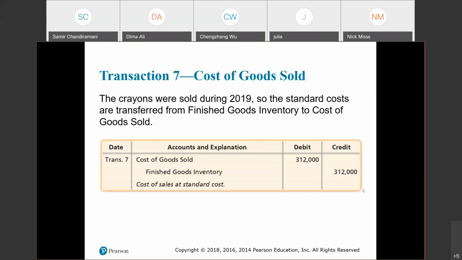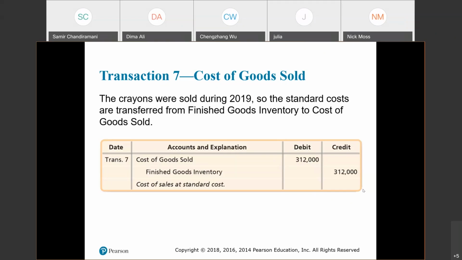And for simplicity purpose, the sales journal entry has not been presented here. With a COGS entry, we always have a sales journal entry, but here, for simplicity, it is not shown.